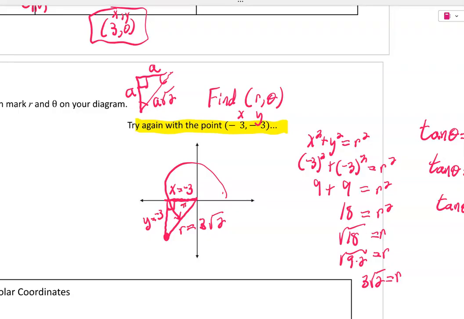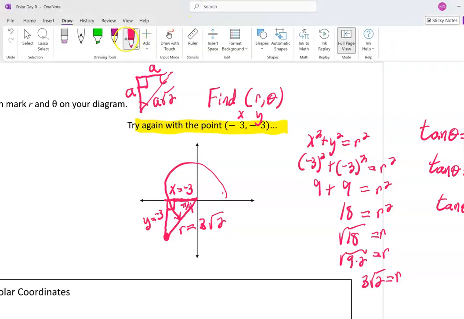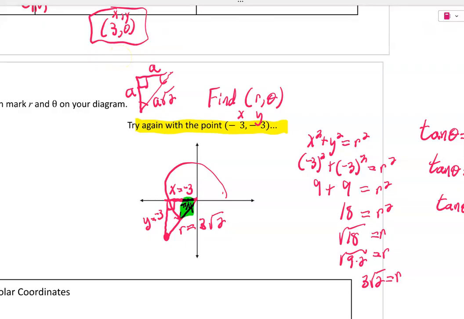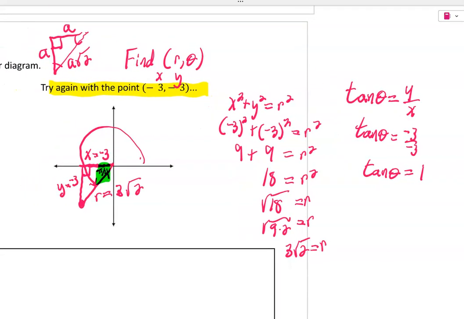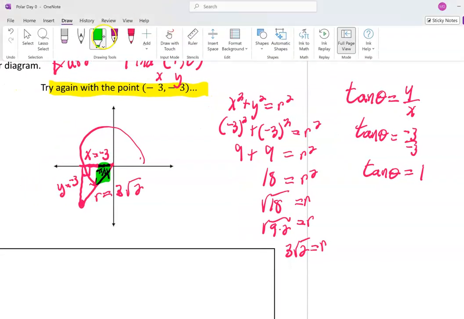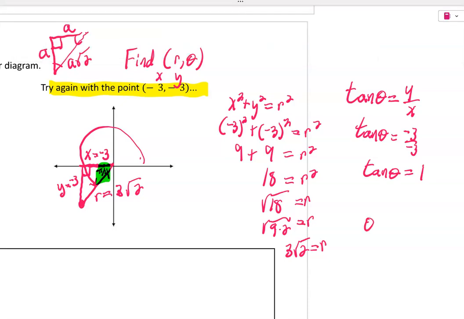There is a pi over 4, but that pi over 4, guys, is that reference angle. That is the angle inside the triangle. So we're going to look at that and say, okay, well, how do we fix that? Well, real quickly, we make that quadrant adjustment. We'd say, well, it's pi over 4 past pi, and that's 5 pi over 4.